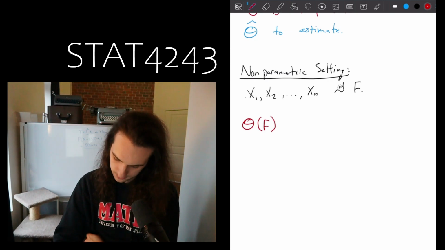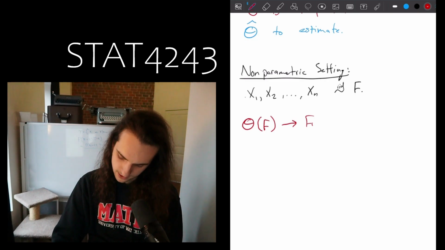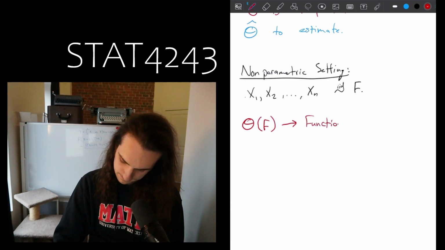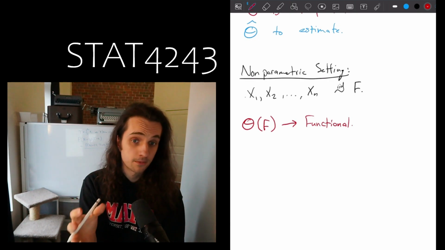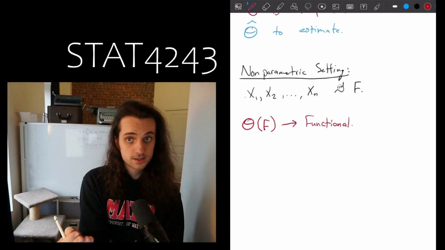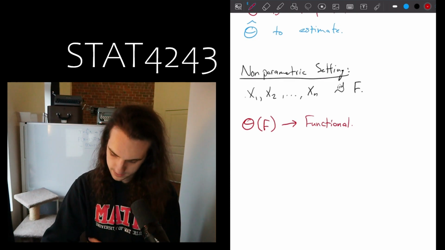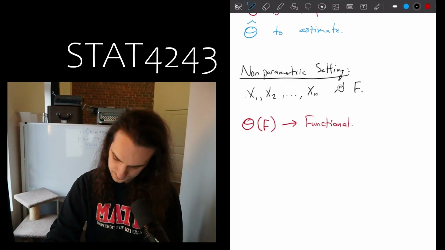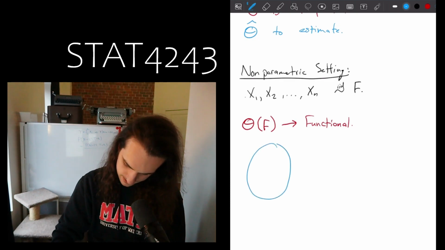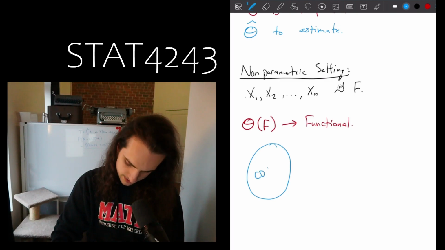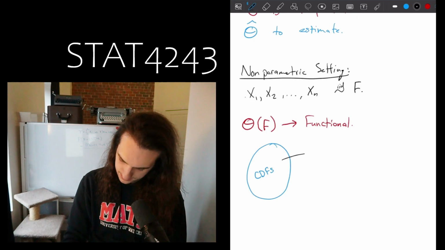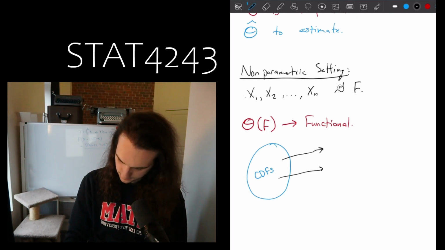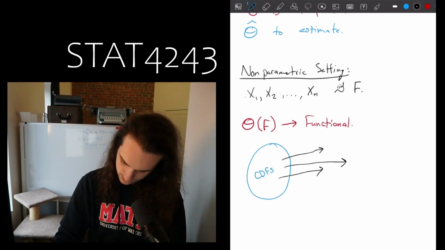And so what's a functional? A functional is a function that maps from a space of functions to the real numbers. So the idea here is that we have some space where we keep all of our CDFs. All of the possible CDFs are here, and these map into different values in the real numbers.